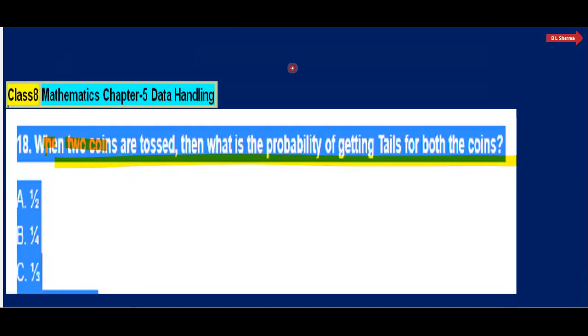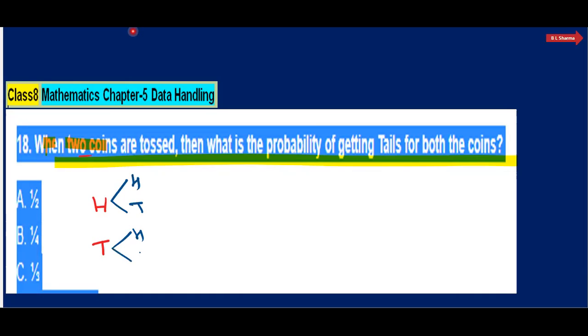Next question. When two coins are tossed simultaneously, what is the probability of getting tails for both the coins? First of all, we have to find the total possible outcomes, meaning the sample space. On the first toss, head is possible and tail is possible. When the second coin is tossed, head is there or tail is there.